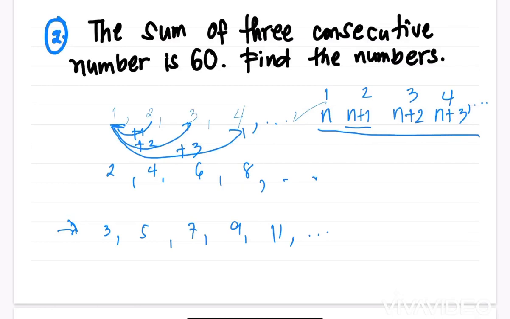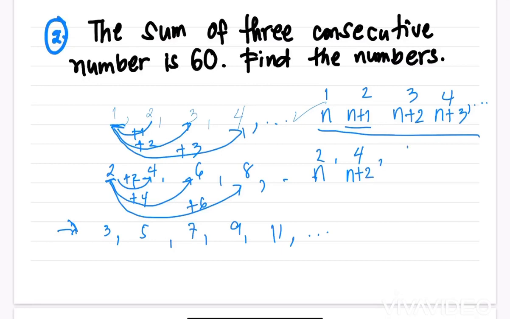How about even numbers? As you can see here, we have the number 2, and in order to get 4, we need to add 2. In order to get 6, we need to add 4. And in order to get 8, we need to add 6. Which means that if our n is equal to 2, the next number is 4, so from n we add 2.